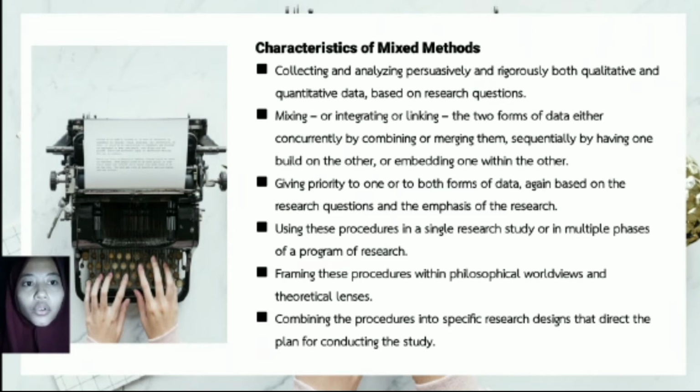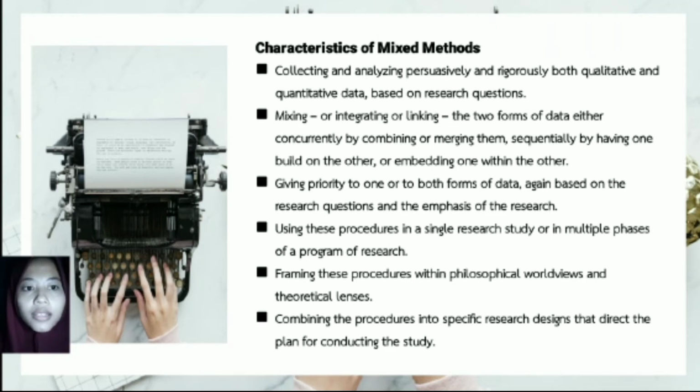And then mixing, integrating, or linking the two forms of data either concurrently by combining or merging them, sequentially by having one built on the other, or embedding one within the other, and then giving priority to one or to both forms of data, again based on the research questions and the emphasis of the research.